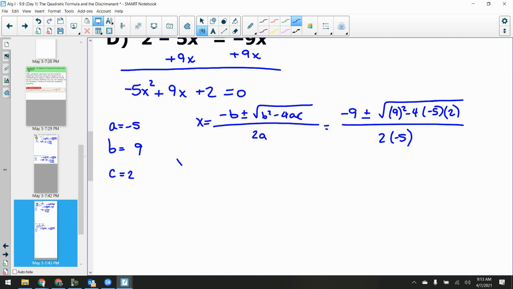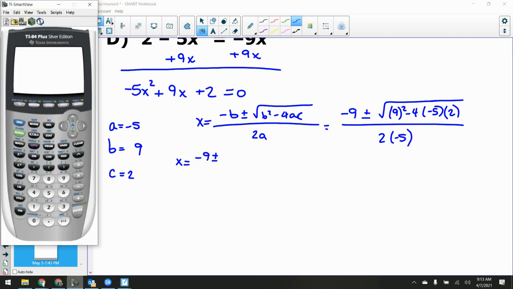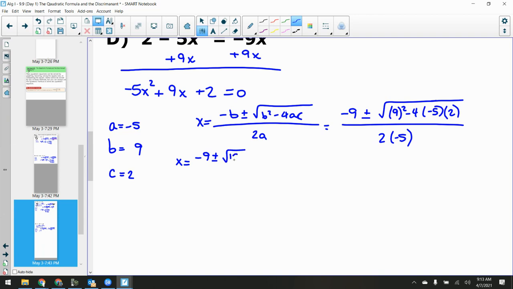All right, so that'll get me negative 9 plus or minus. Let's figure out what goes underneath the radical. 9 squared minus 4 times negative 5 times positive 2. Look at that, 121. Isn't that 11? So this is negative 9 plus or minus 11 all over negative 10. Negative 9 plus 11 is 2 over negative 10.